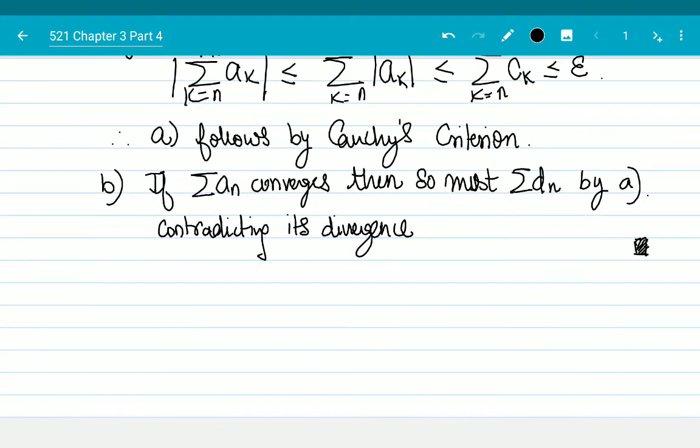Now, the next part we are looking at is called series of non-negative terms. And once again, whenever we are talking about non-negative terms, we are going to be talking about real sequences. Okay?